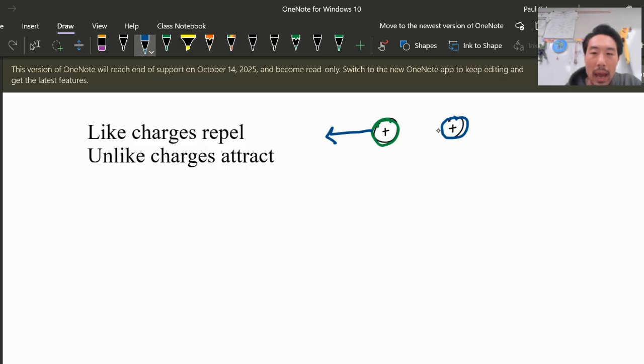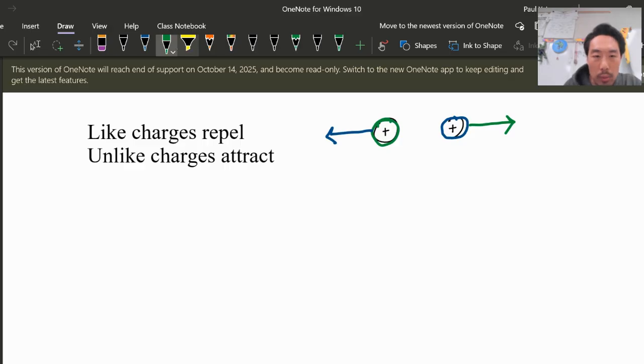You see how this like charge is moving far away from the other like charge. And in reversal, the one on the right, because it has the same charge as the one on the left, will feel a repulsive force going to the right, or away from the source of positive charge.